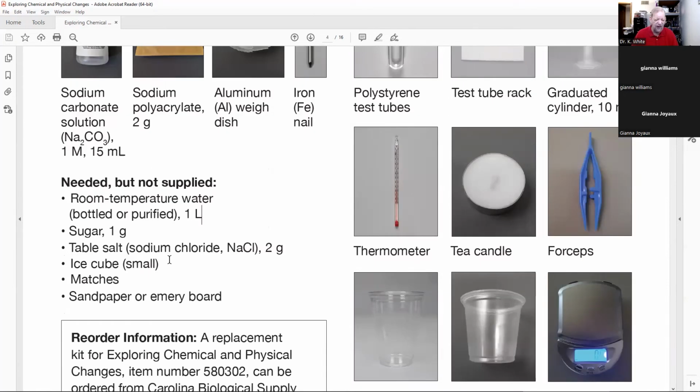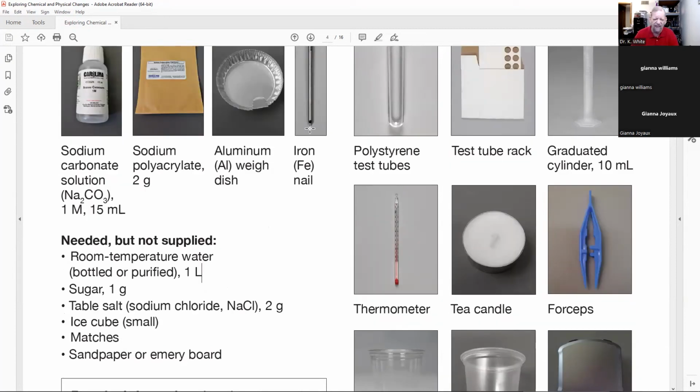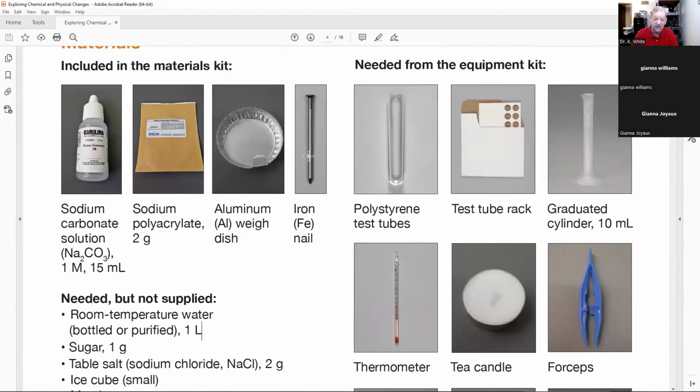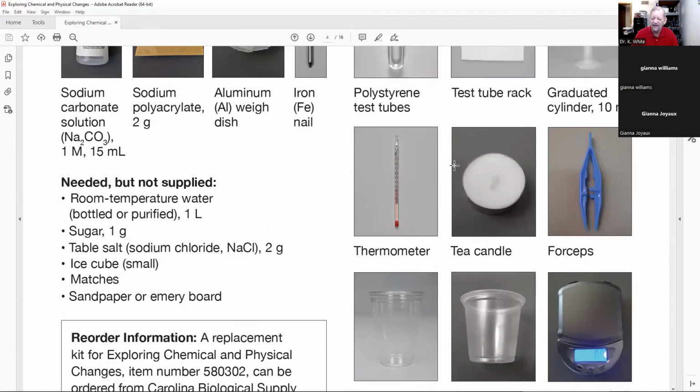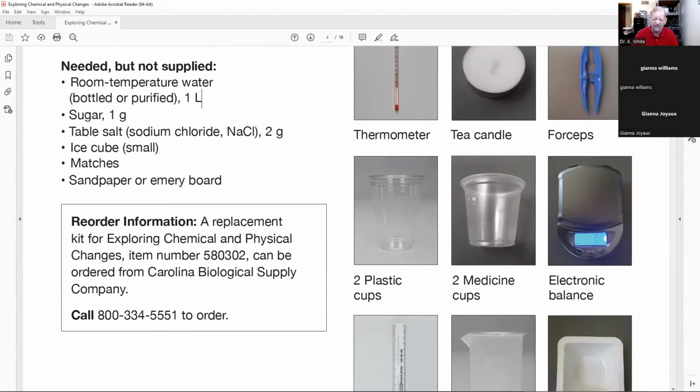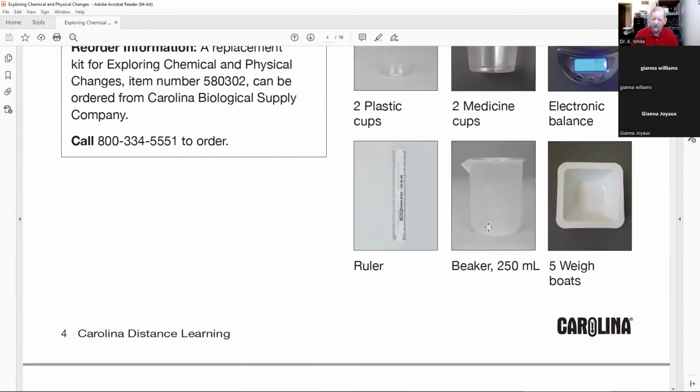You will need salt, sugar, an ice cube, matches, and sandpaper, emery board, or something rough to clean the surface of your nail, which is iron. And you have the aluminum weigh dish. And here's your forceps. You have cups, you have a ruler, beaker, and your weigh boats.